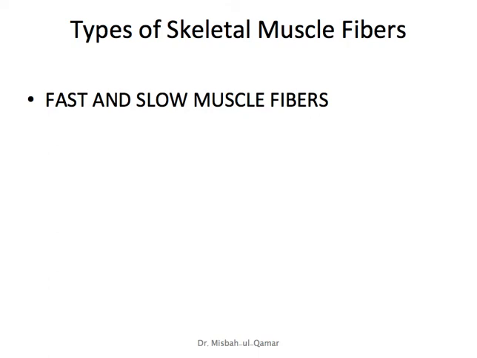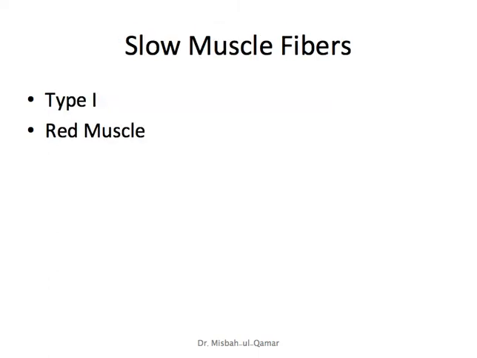Let me now give you brief detail about these muscle fibers. Slow muscle fibers have comparatively lower myosin ATPase activity, resulting in slower twitches, in slower contractions of these fibers.